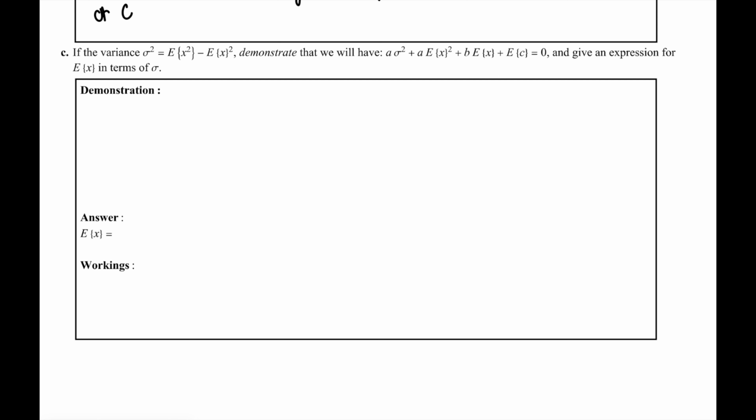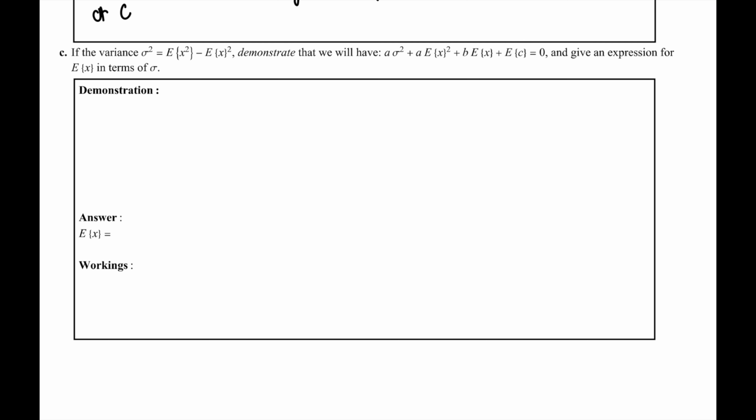If the variance sigma squared is equal to the expected value of x squared minus the expected value of x all squared, demonstrate that we have a sigma squared plus a (expected value of x) all squared plus b (expected value of x) plus the expected value of c is equal to 0, and give an expression for the expected value of x in terms of sigma. I'm going to first start off with the general form of a quadratic, which is ax squared plus bx plus c.